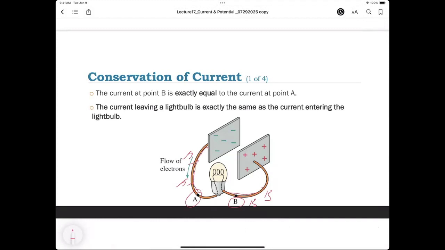The current leaving the light bulb is exactly the same as the current entering the light bulb. Like the current through this wire and through this wire, and also the current through the bulb is exactly equal.